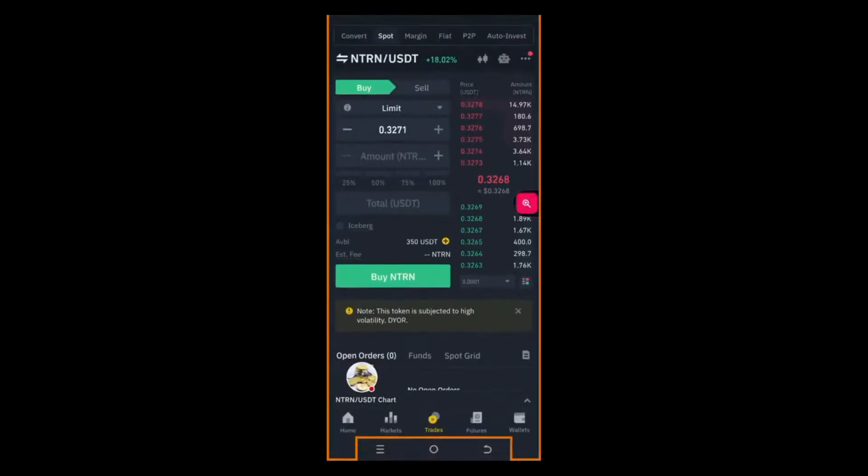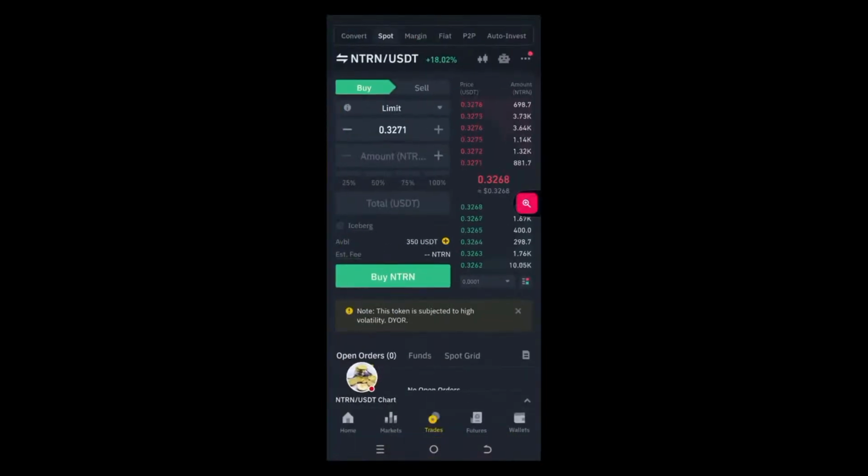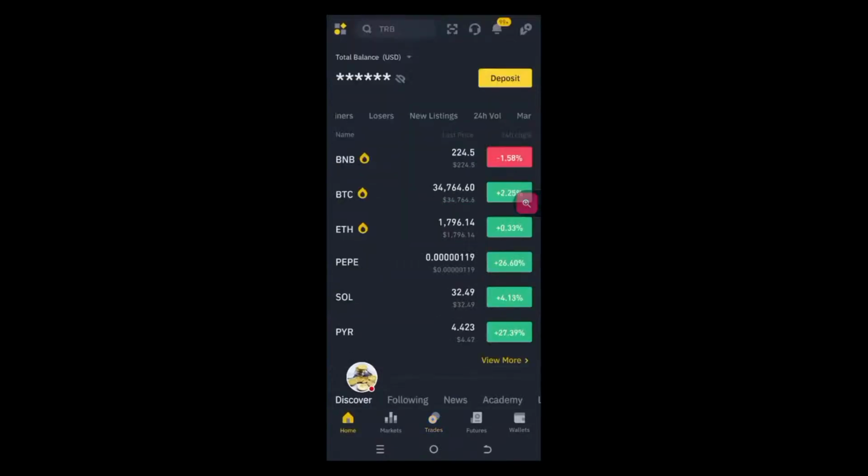People are interested in buying the coin, even though I'm not seeing much velocity and volatility in the price. But anyways, that's the concept behind new listings: if it's new, it should still give you the new vibes and people will still want to buy it. So that's the concept behind choosing either gainers, losers, or new listings.